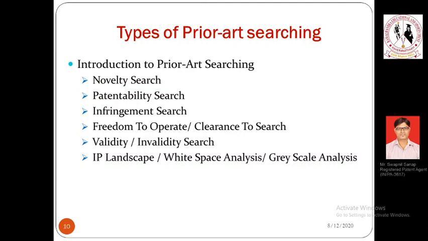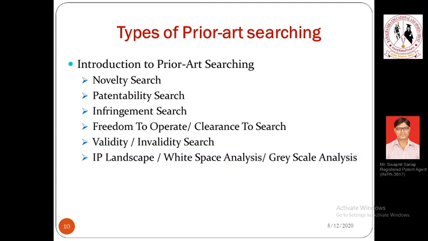When a person who has a product does a search, such a search is referred to as freedom to operate search. When a person having a patent does a search, it is referred to as an infringement search. A person who copies the patent application is called an infringer. A product which copies a patent application is referred to as an infringing product. I hope these things are clear to you.